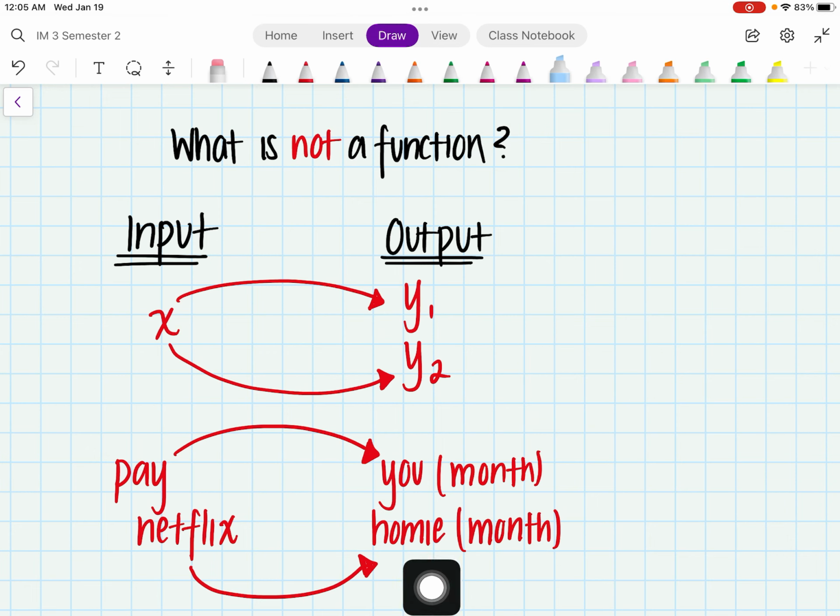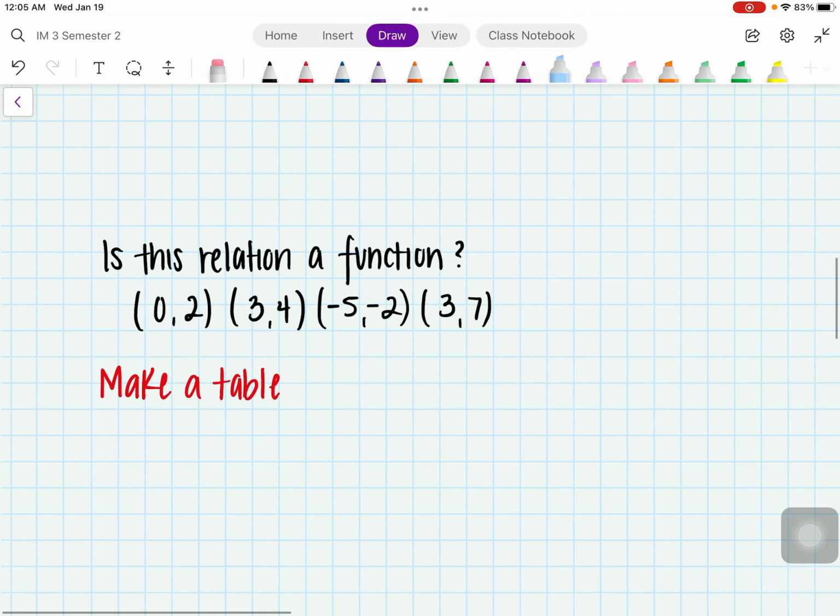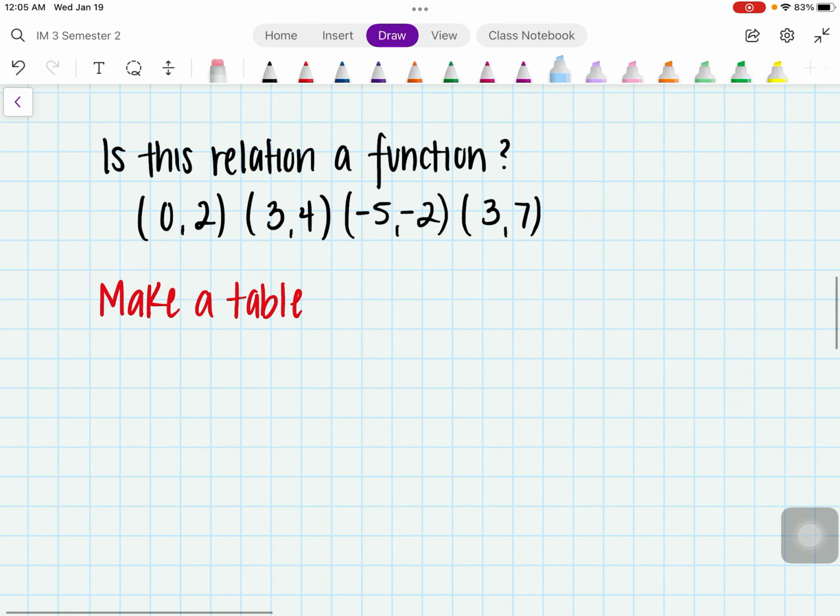A non-function in real life in this case, guys, is if you pay Netflix, then that means you get a month free, and then your homie gets a month free, right? It's not how it's supposed to be, but you know, if you pay for it, then you're the only one that should be watching it, but sometimes it's fine to share.